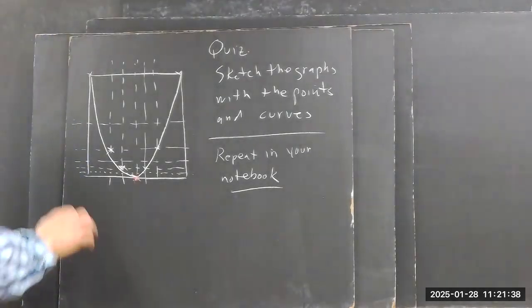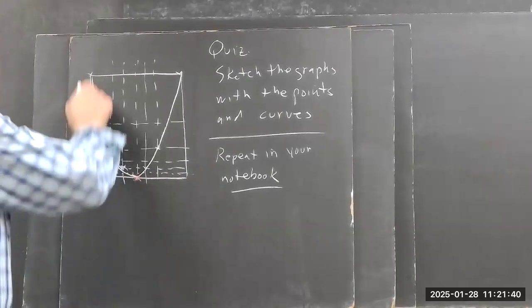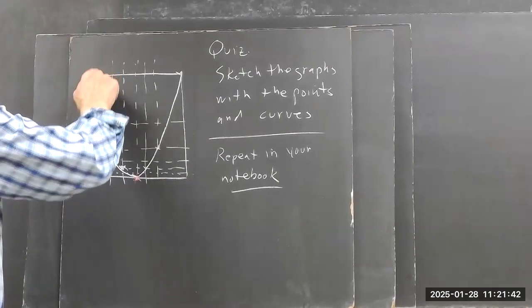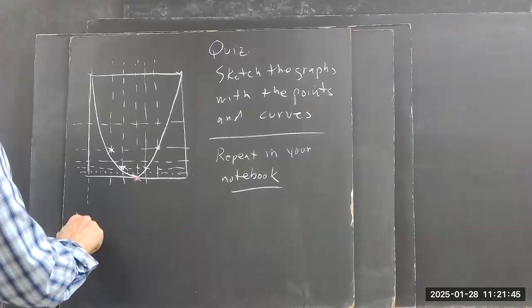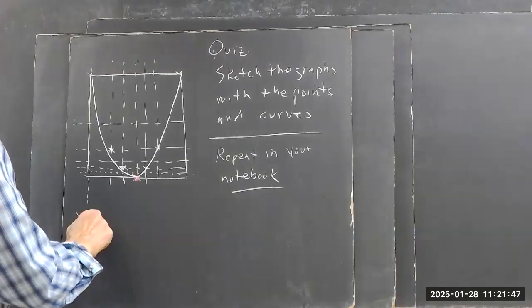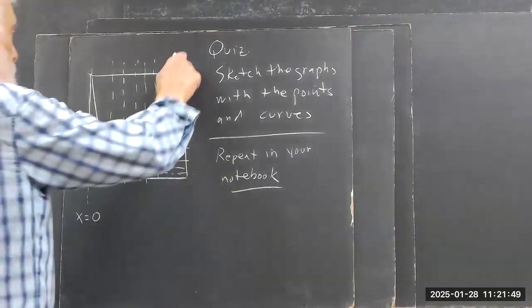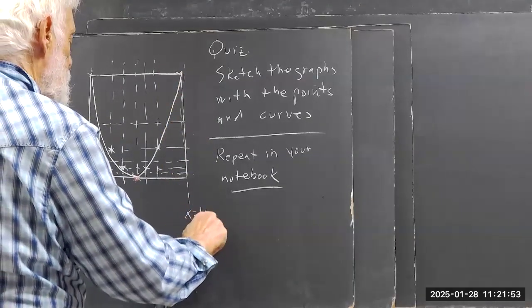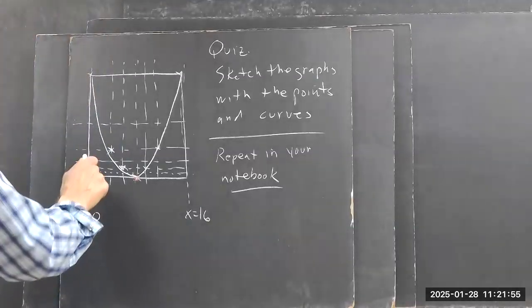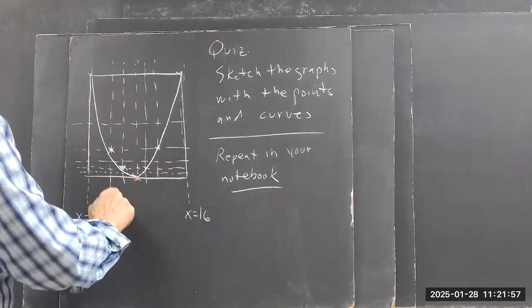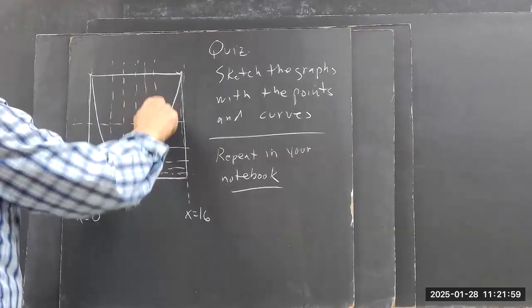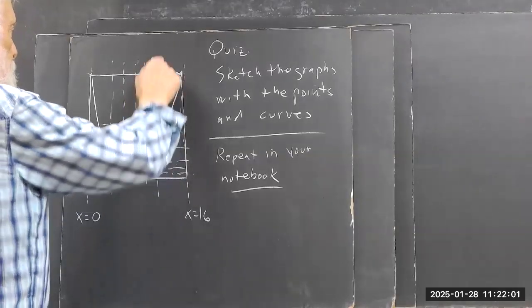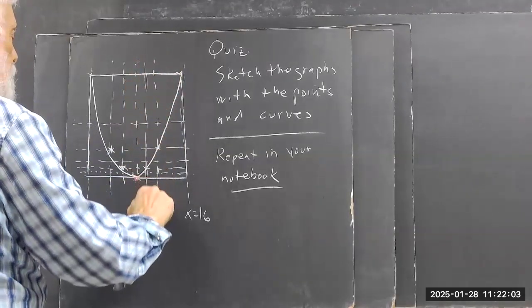Now, hope you got a big graph of this thing. So now I'm going to say this is x equals 0. This is x equals 16. Can you label the rest of the construction lines? You want to extend them a little bit beyond the rectangle.